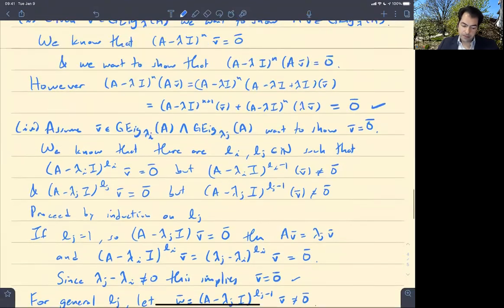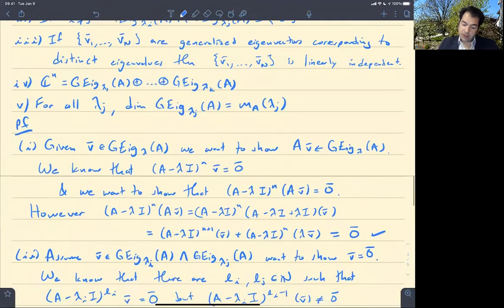Part 3 of the theorem says that if you have generalized eigenvectors corresponding to distinct eigenvalues, then you get a linearly independent set.